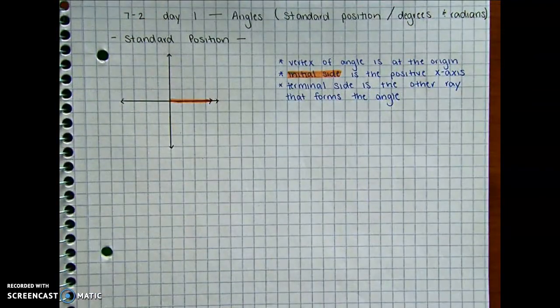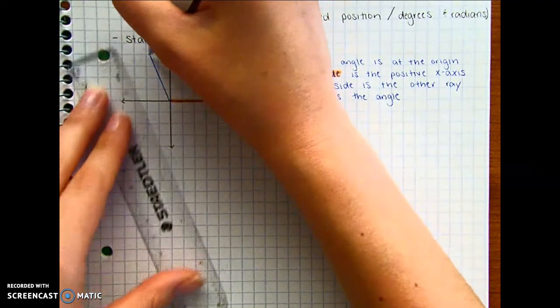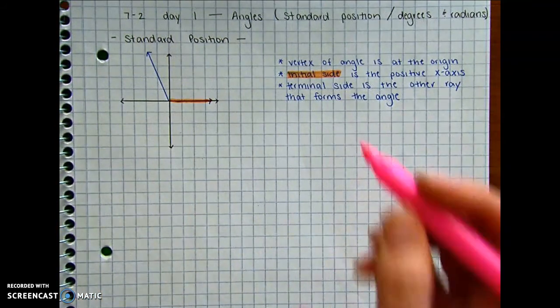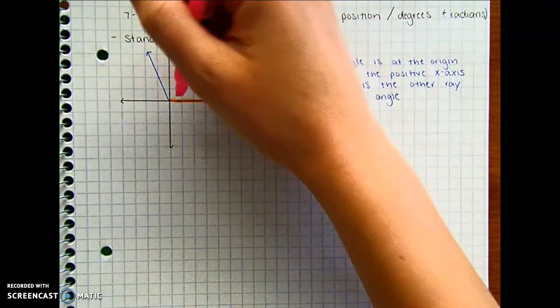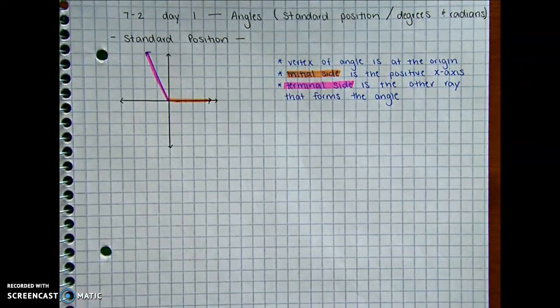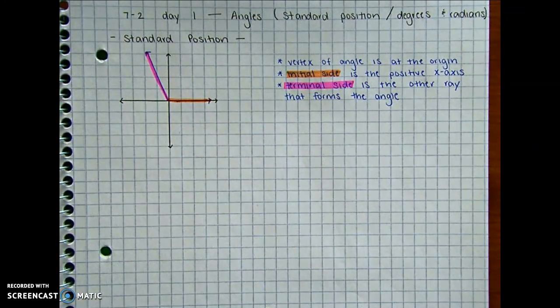So let's say we want our angle to open up to here. Okay, this side is the terminal side. Now, this isn't accurate yet because there is an infinite amount of angles.